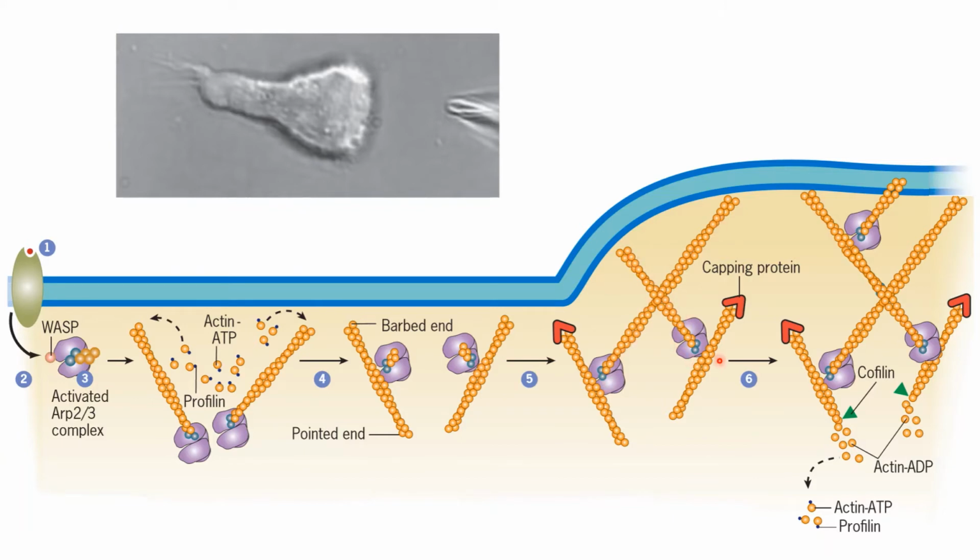As new actin grows, it pushes the cell membrane out of shape. That's why the lamellipodium has this weird shape: it's the growing actin filaments pushing on it that cause this change in shape.